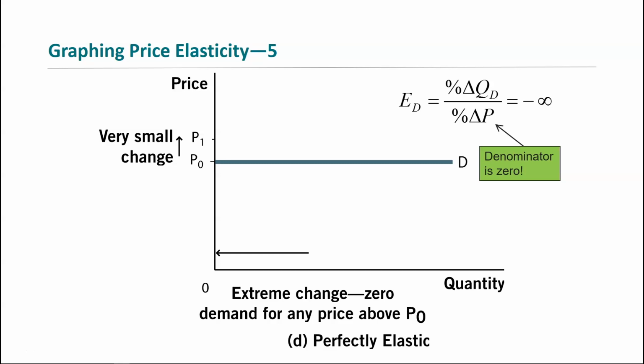Folks don't want it anymore at all if you change the price even just a little bit. So they'll go from demanding as many as possible to demanding none. Or if the price went down a little bit, maybe they would go to demanding infinity, right? So your demand snaps really big in either direction depending on a tiny price change.